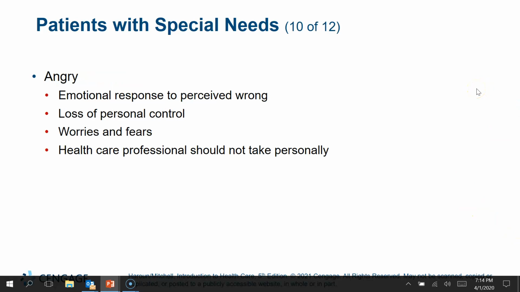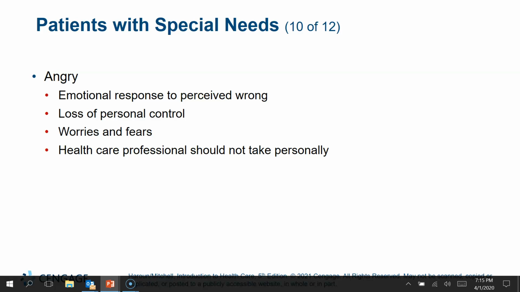Dealing with angry patients, the one thing that we have to remember is we never want to get between the patient and the door. We always want to be between the patient and the door. We never want the patient to be blocking our exit. So let's say you walk a patient in and the seat is to your left.